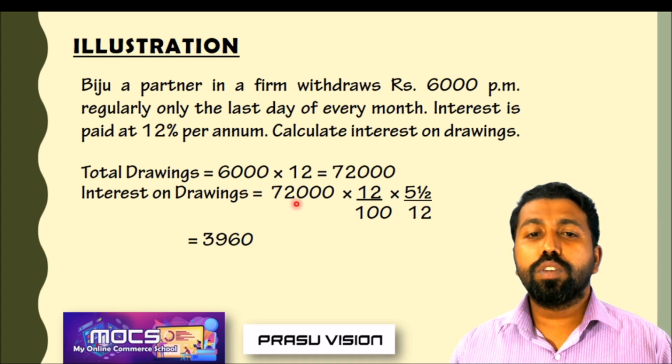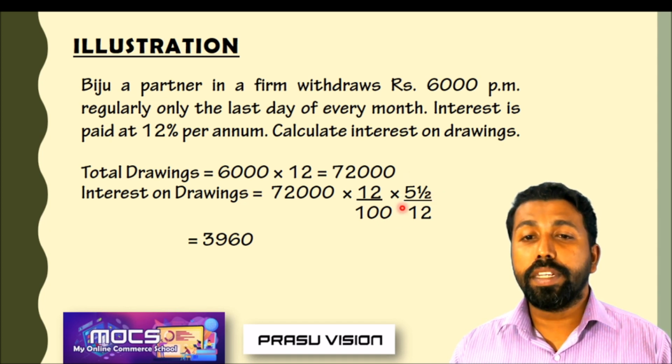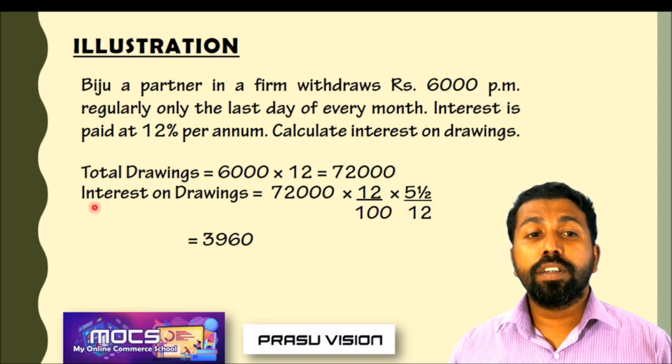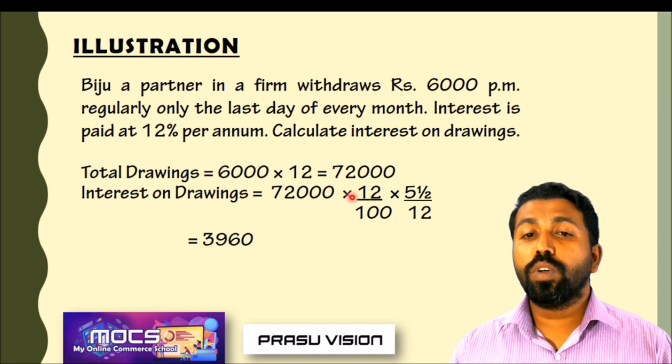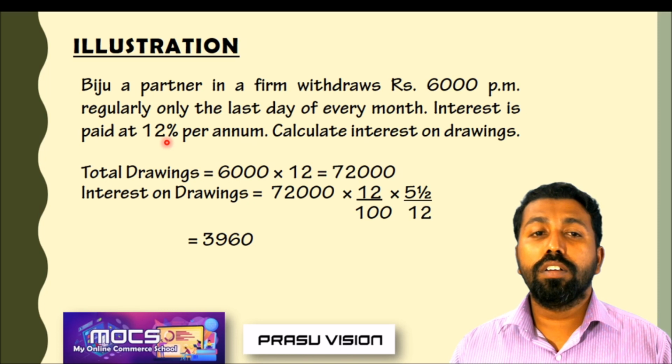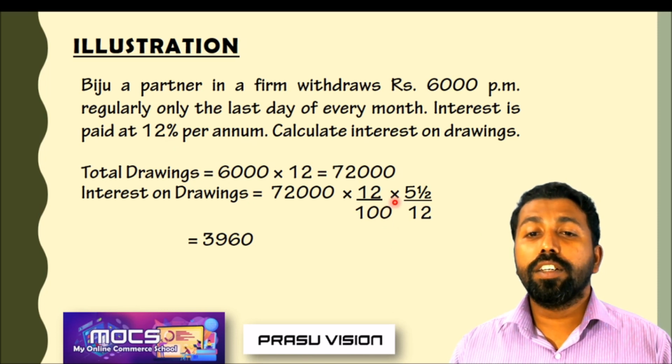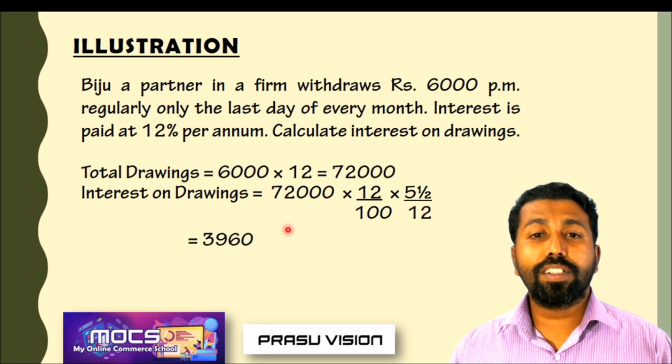Interest on drawings is equal to total amount of drawings into rate by 100 into average period. That is 72,000 into 12 by 100 into 5.5 by 12, because it is on the last day. We will get 3,960. Hope this section is very clear.